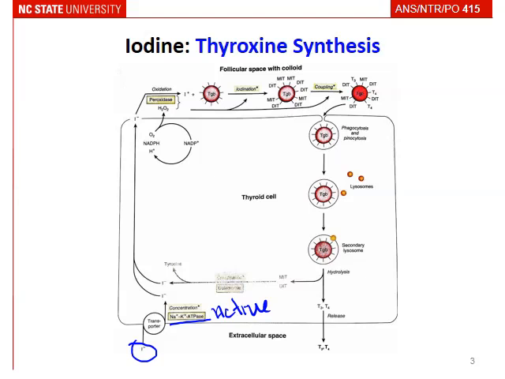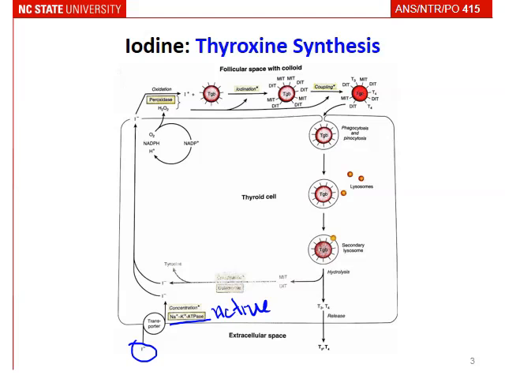And so the MIT is monoiodotyrosine and the DIT is diiodotyrosine. You can see this is made all within the colloidal space, the follicular space within the thyroid gland. And then once we have our thyroglobulin made, it is phagocytosed or pinocytosed back into the cells.